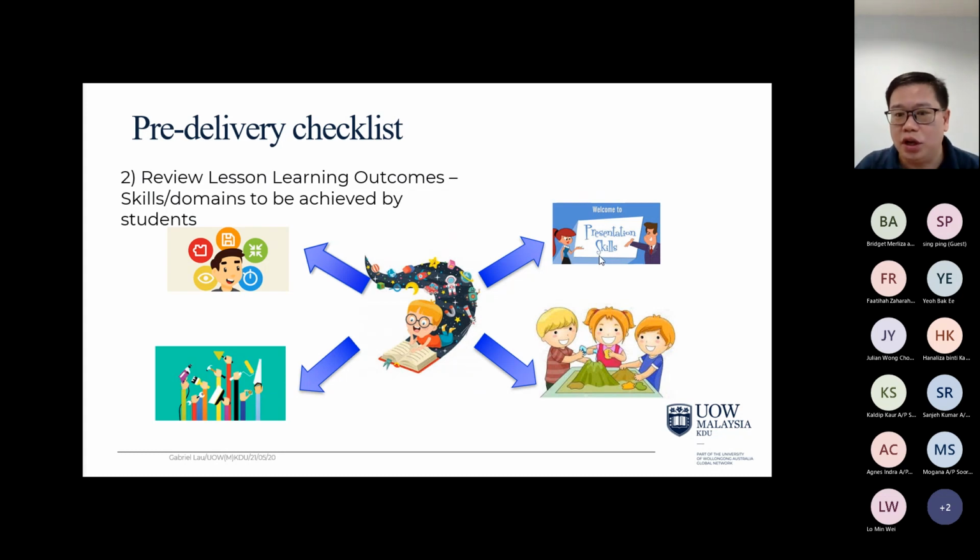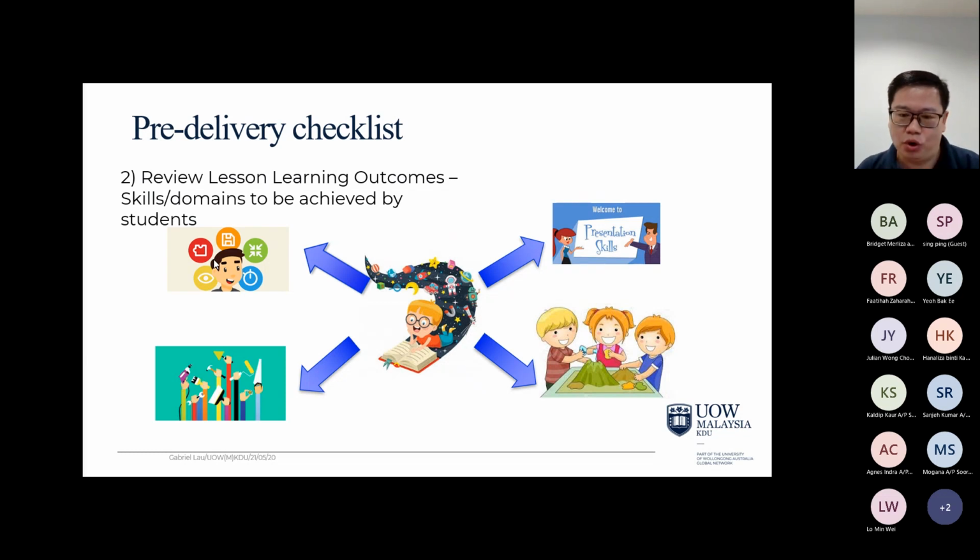Is it going to be group work, or so on? So if you are a history lecturer teaching about the Vietnam War, I don't think it is so much on psychomotor. Basically you want knowledge. You want students to understand why it happened. So it could be more cognitive thinking.